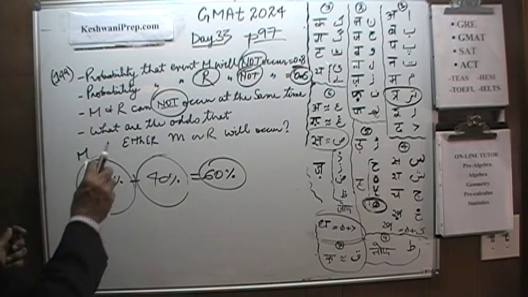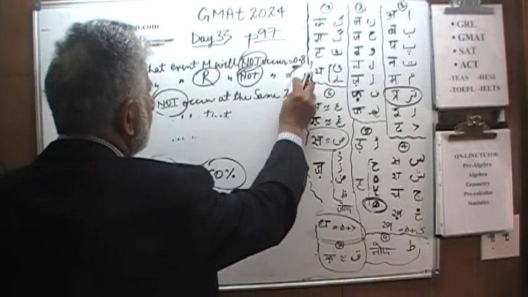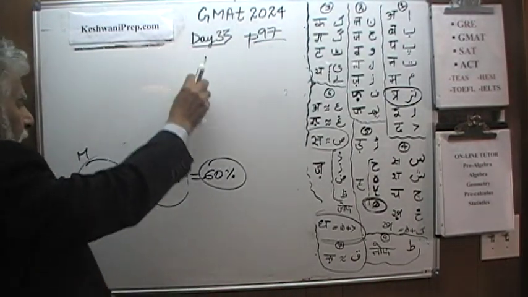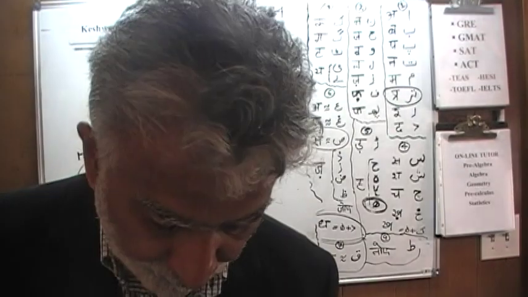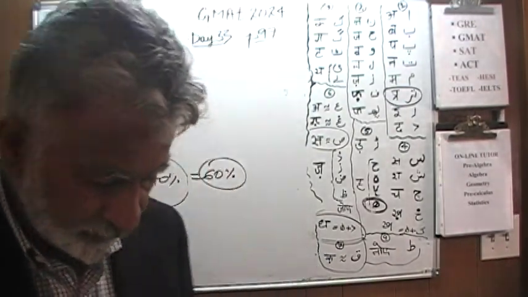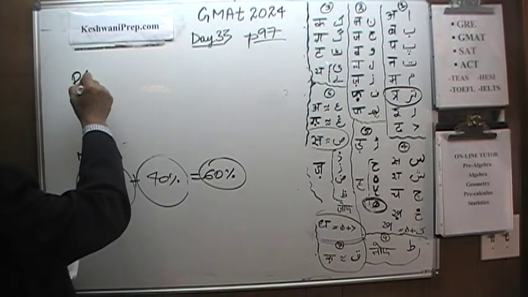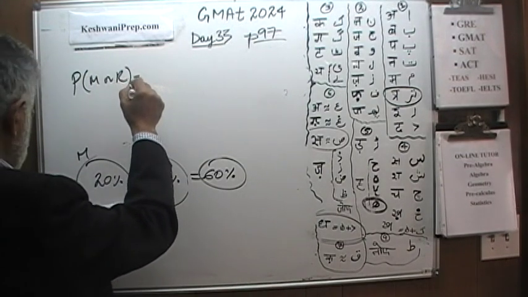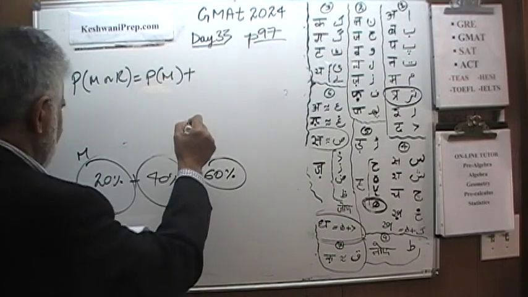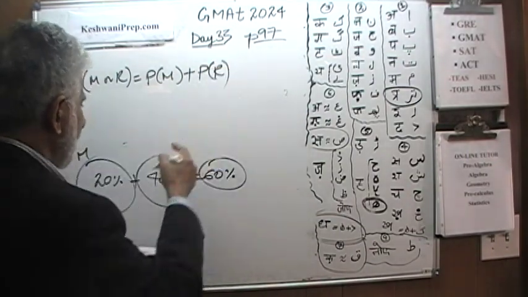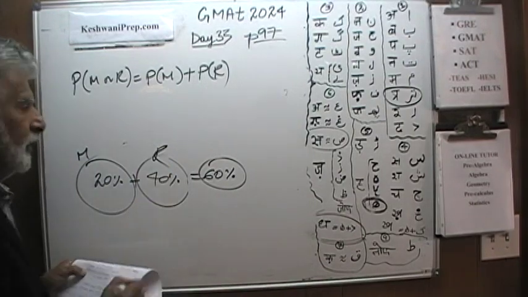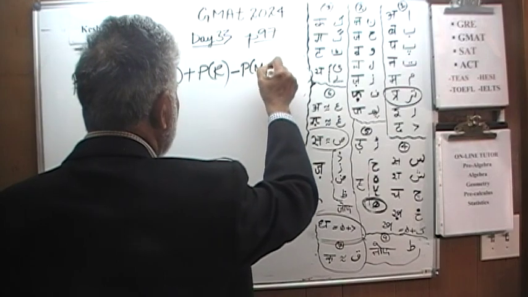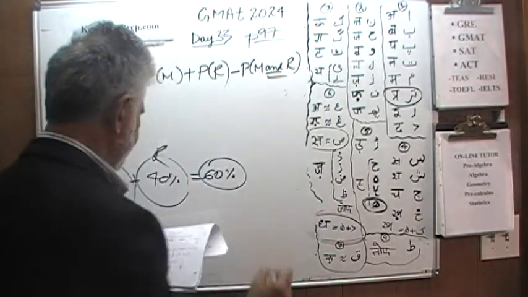Now, in terms of the Venn diagram theory, if you wanted to show it in terms of an equation, this is how it's written. The odds that event M or R will occur has to equal the odds that M will occur plus the odds that the event R will occur, minus the area that they overlap, which is the odds that M and R will occur at the same time.